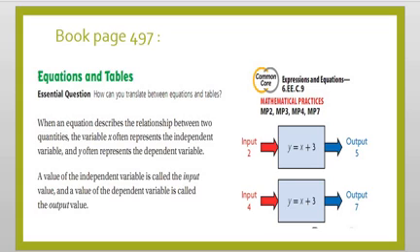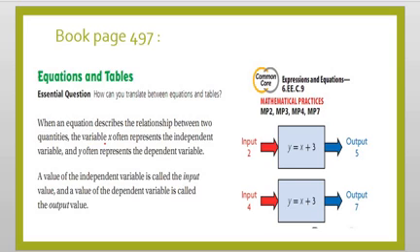Here on page 497, it says that we can translate between equations and tables. How is that? Let's see here. We said before that the equation describes the relationship between two quantities, okay?